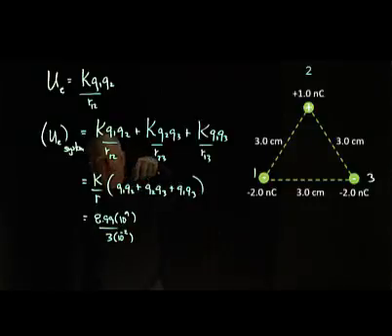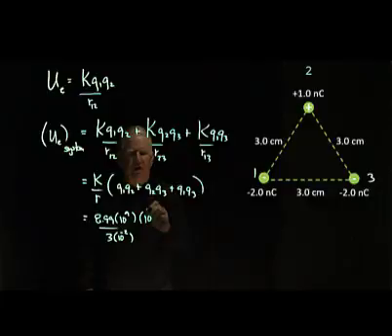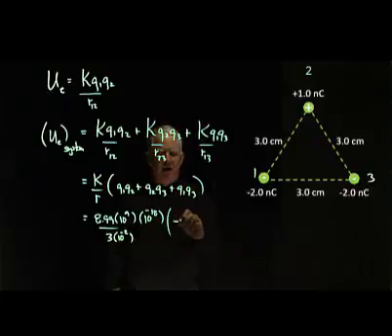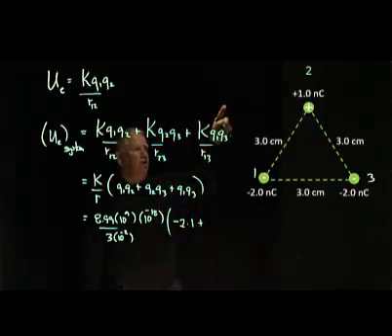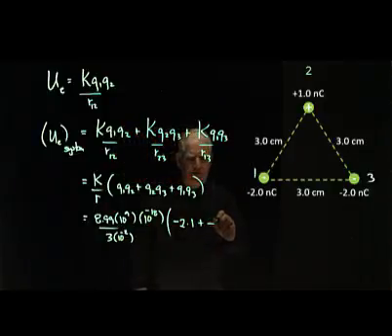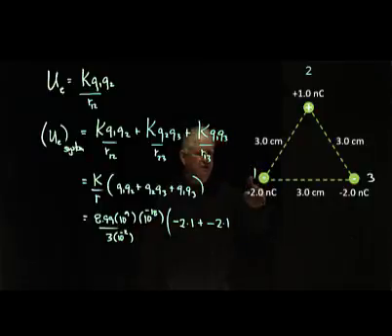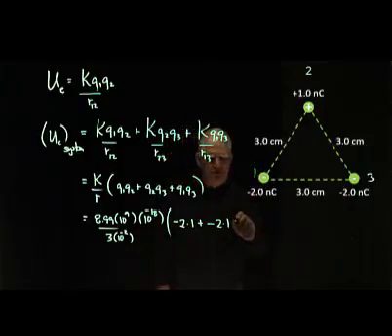I can pull out the common factor of 10 to the minus 18. And what's left over? 1 to 2 is minus 2 times 1. 2 to 3 is 1 times minus 2. And 1 to 3 is minus 2 times minus 2, plus 2 times 2.